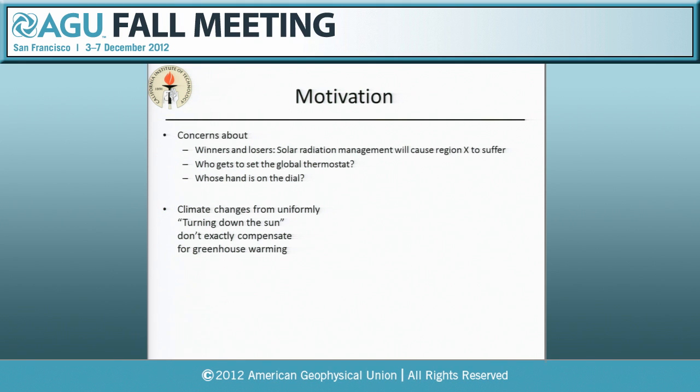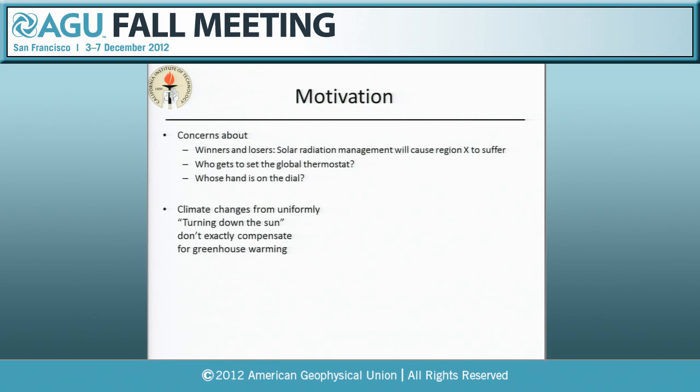If you uniformly turn down the sun, you don't exactly compensate for greenhouse warming. At some level you do a remarkably good job, but not everywhere benefits to the same degree. That raises questions about regional inequality and the fact that some regions might suffer. Precipitation may be harmed in some of the monsoon regions and so forth.